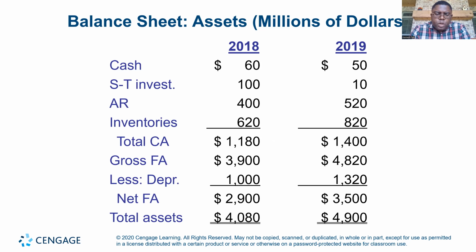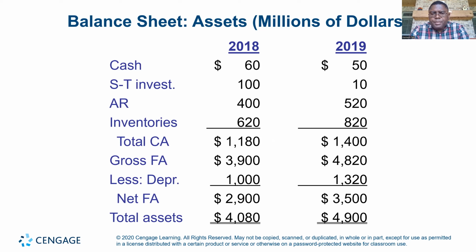We can go into current asset. We will find that accounts receivable and inventory almost double. So accounts receivable 2018 was at 400 million, 2019 at 520 million. Inventory was at 620 million, and then it increased significantly to 820 million.